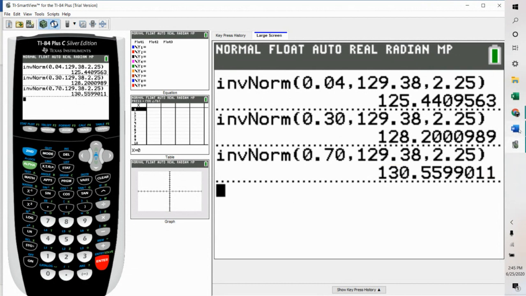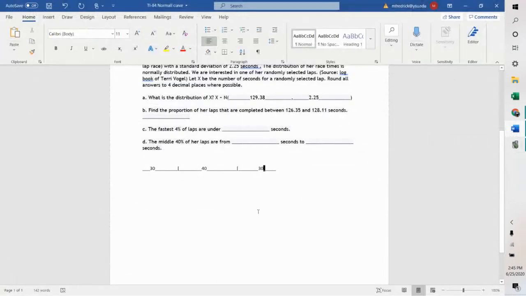If they wanted how many above, I don't know, 60%?